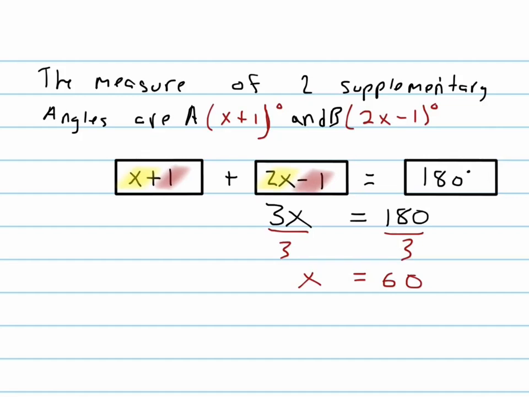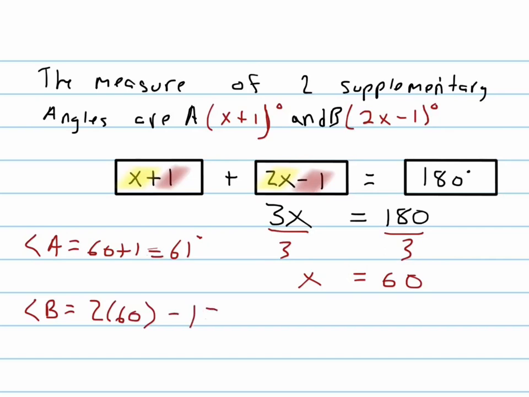So angle A equals 60 plus 1, which equals 61, and angle B is 2 times 60 minus 1, which equals 2 times 60 is 120, minus 1 is 119.